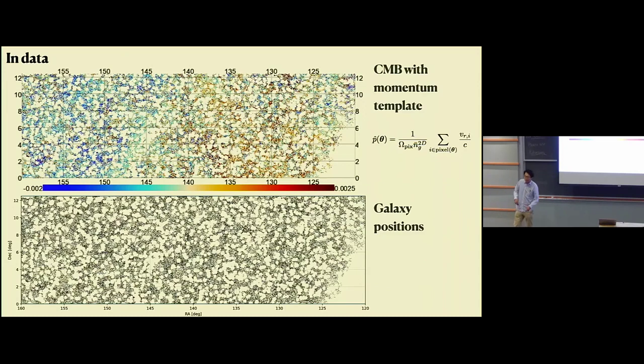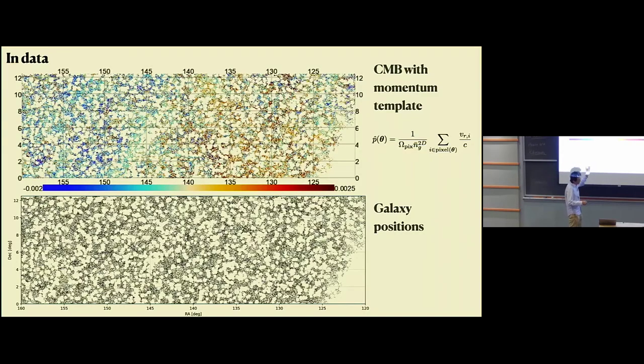In this alternative measurement, what we do is explicitly build a momentum template based on the galaxy positions and velocities. This is motivated by the fact that real space stacking on large scales tends to be quite correlated, so it's hard to do, and a lot of the other cross-correlation measurements are done in harmonic space.